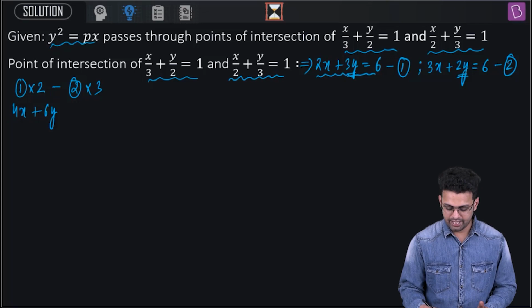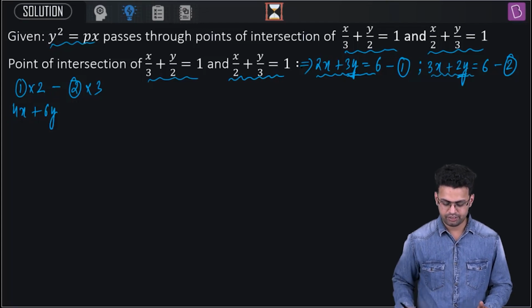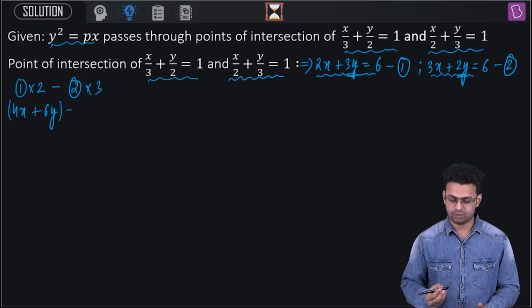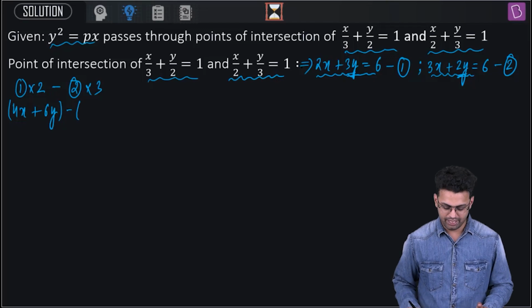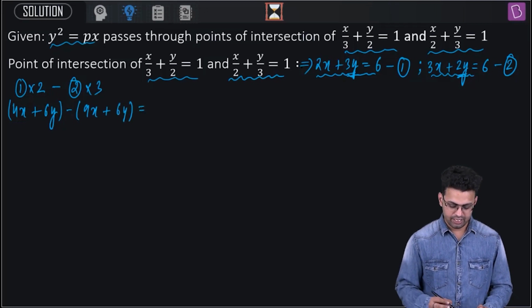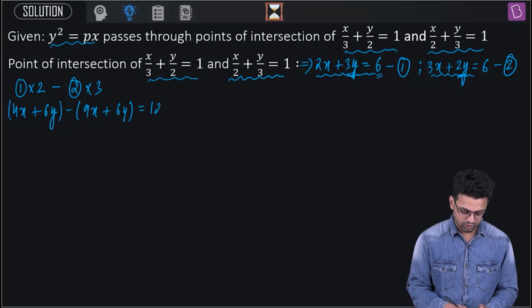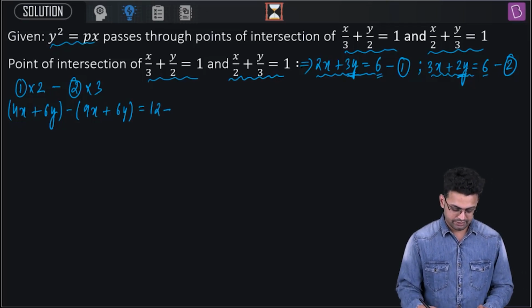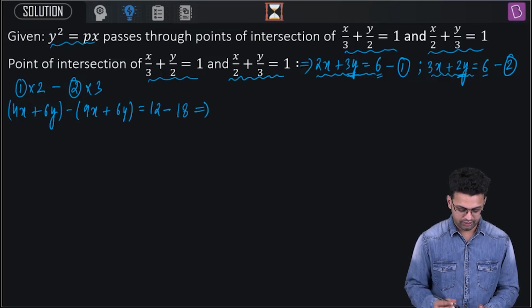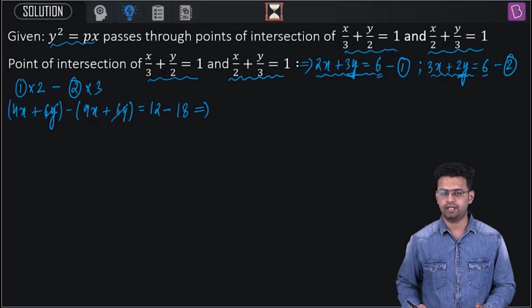And as soon as I multiply equation 2 by 3, and again I will have to subtract it also, so minus, and then in bracket I will get 9x plus 6y is equal to, on the right I'll get 6 into 2 will become 12 and minus 6 into 3 will become 18. Correct? On further simplifying, what I'll get, see, plus 6y and minus 6y get cancelled.